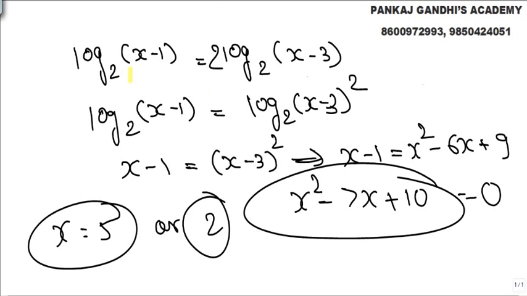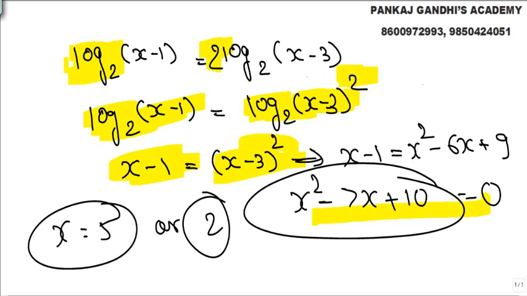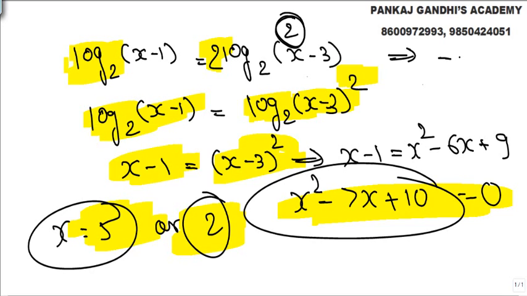Look, यही ट्रैप है क्वेश्चन का, बाकी तो बेसिक क्वेश्चन है. Log to the base 2 x minus 1, 2 raised to the power x minus 3, both base same, so we can equate this. We solve it. Look, x can be 5 or can be 2, but if we put x 2 here, I get a negative value, and log can never be of a negative.